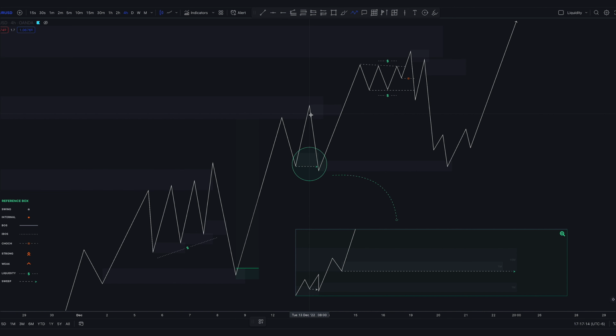As price came back down here, because on the 15-minute we know that there's no inducement or liquidity taken here yet, when price is going down here, we could expect that this 15-minute zone wouldn't hold, because we know that price is bullish and there's no inducement or liquidity being taken here.